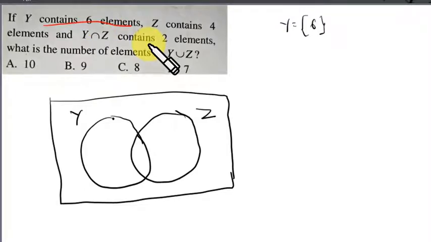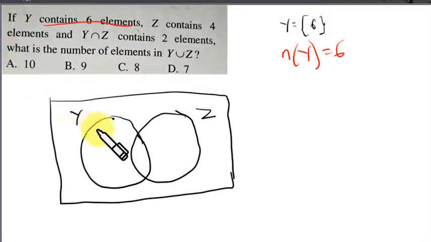So that means that the number of elements in the set Y is 6. I have to write it properly: the number of elements in the set Y is 6, and Z contains 4, so the number of elements in the set Z is also 4 here.